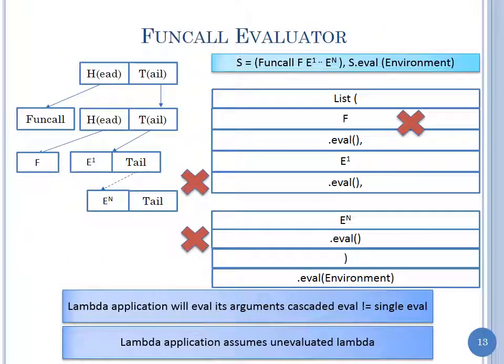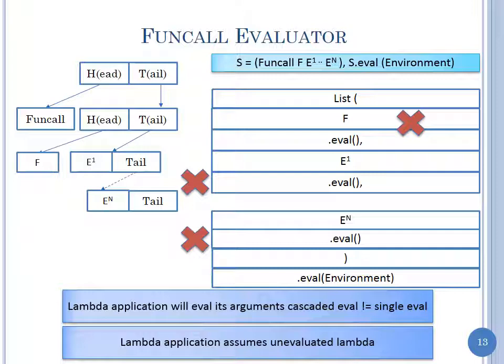Okay, so here's our first attempt at Funcall. We said that we already know how to do lambda applications of anonymous functions. Now we have a named function, so we have to somehow figure out the lambda for the named function and go and apply that.